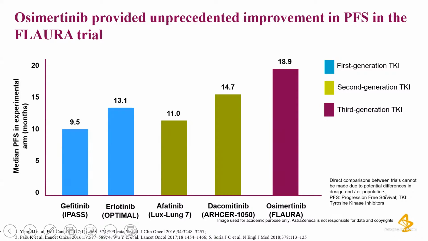First generation PFS has been around 9 to 10 months. Second generation TKIs have 11 to 14 months. And osimertinib, a third generation TKI, has a median PFS of approximately 18.9 months. This is the highest among all these three generations.